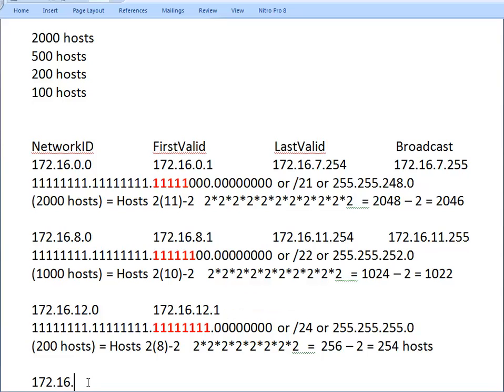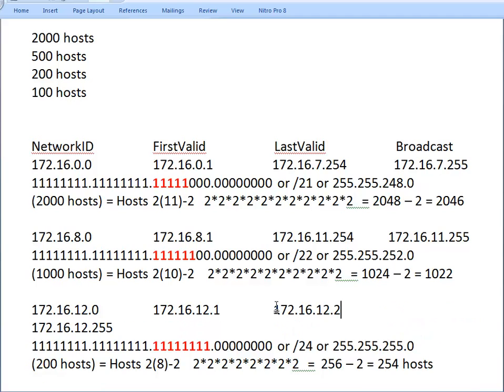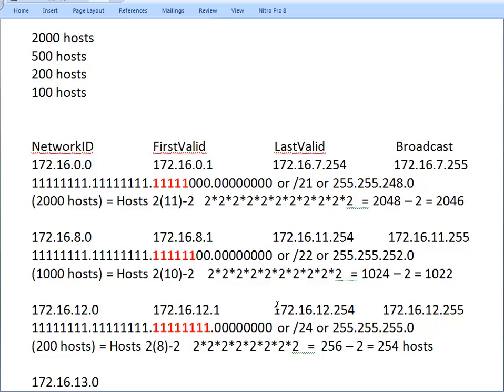So 12 plus 1 is 13.0. So the last valid address and broadcast is the next network ID minus 1. So the broadcast is 172.16.12.255, and the last valid address will be 172.16.12.254. Done. So we got 200 hosts as well.